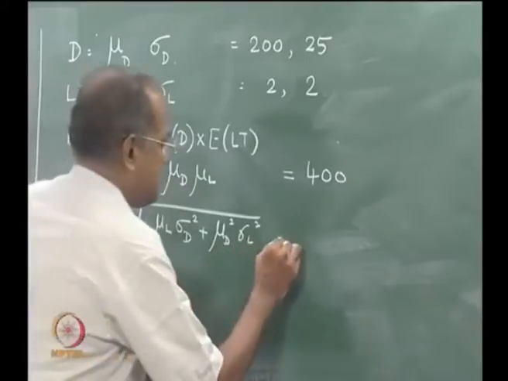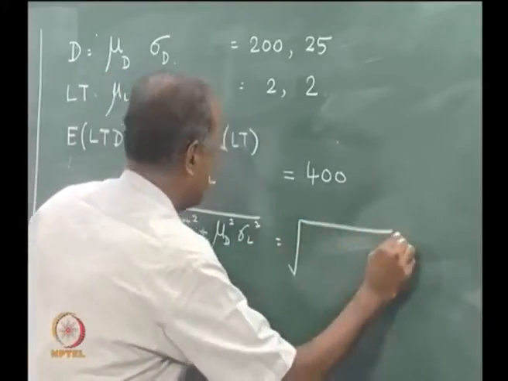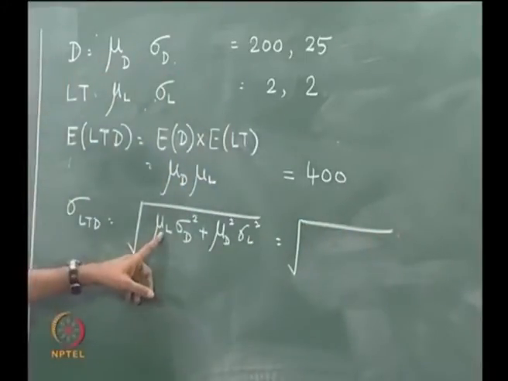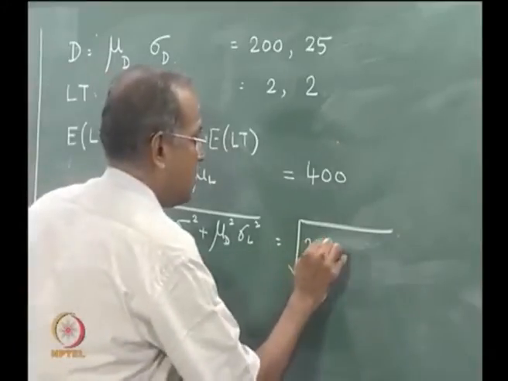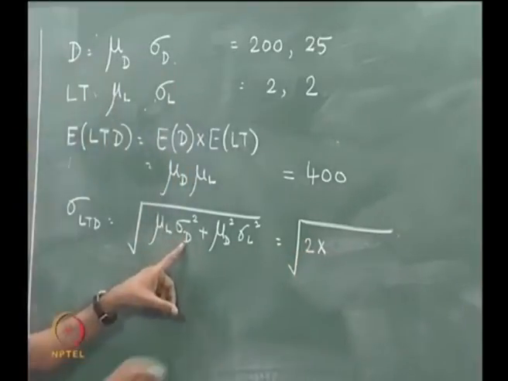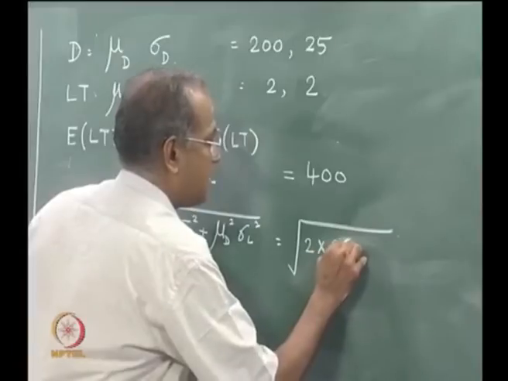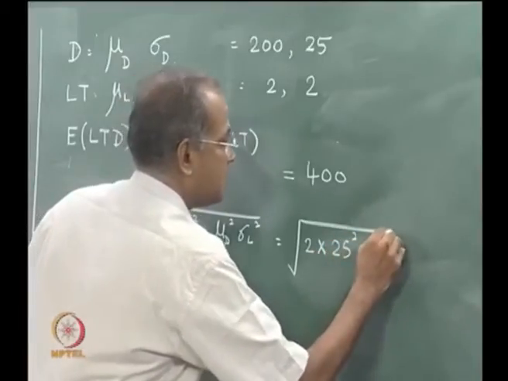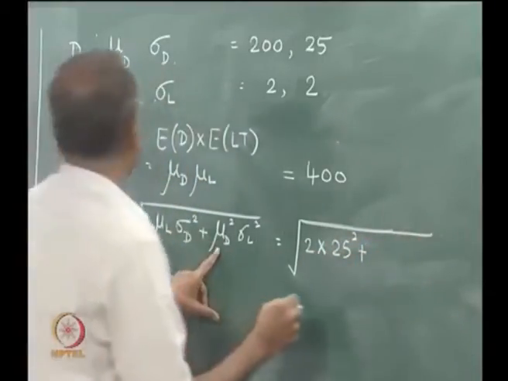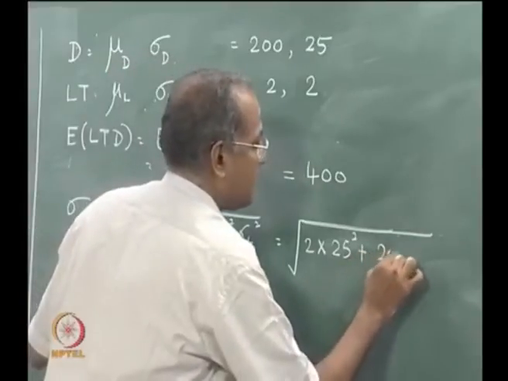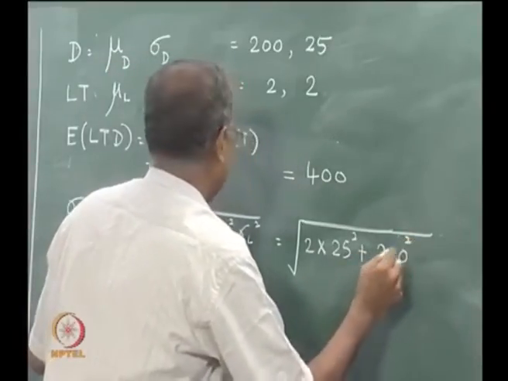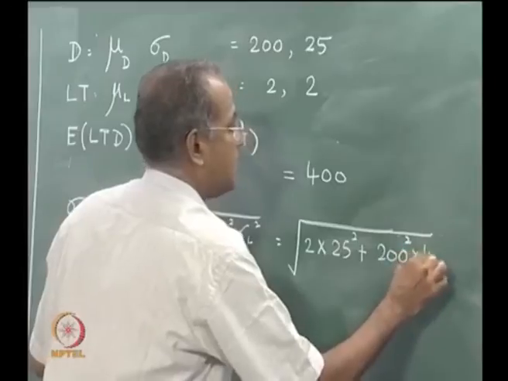So this becomes root over mu L, which is 2, into sigma d square, which is 25 square, plus mu d square, which is 200 square, into sigma L square, which is 4.